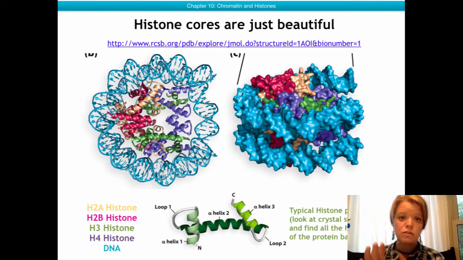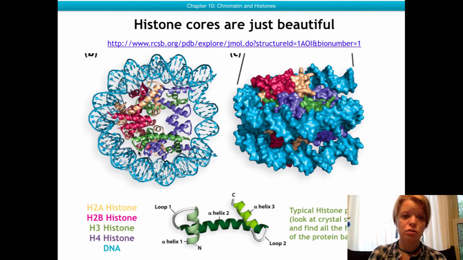And as I mentioned just right now, there's a very particular histone fold that all of the histones have. It's this short helix, long helix, short helix with two loops, loop 1 and loop 2. If you look at the structure here, or if you go to PDB, you can really see the typical histone fold in these proteins.